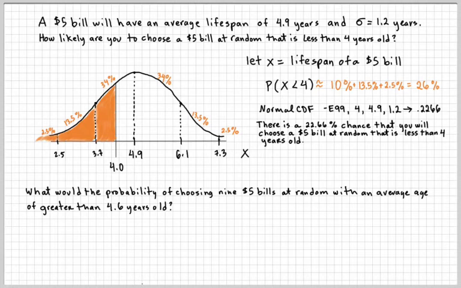In this case, we're going to choose 9 $5 bills. What's so special about 9? Nothing really. I chose 9 because it's easy to take the square root of that number. But anyway, it could be any number. So you have to choose 9 $5 bills at random.